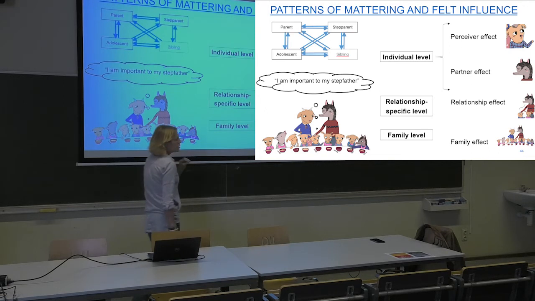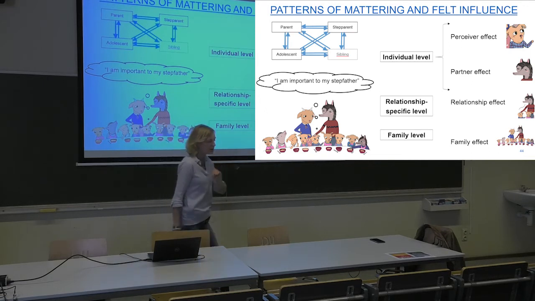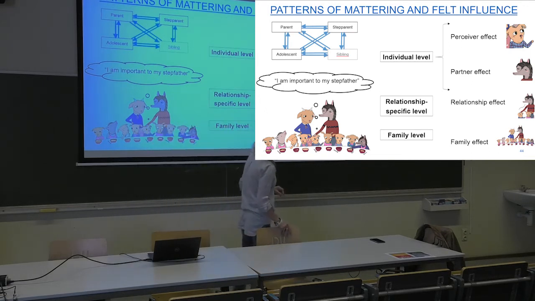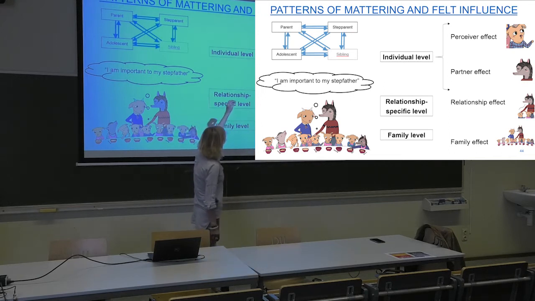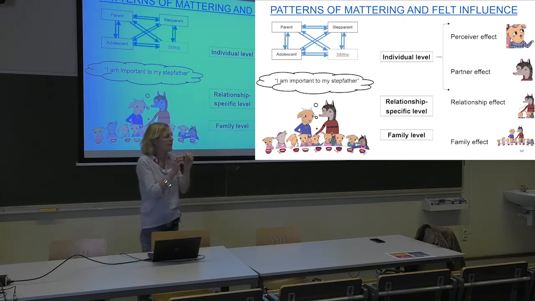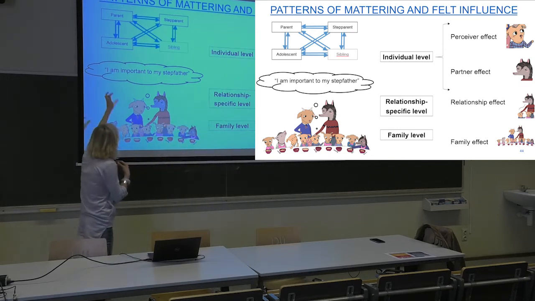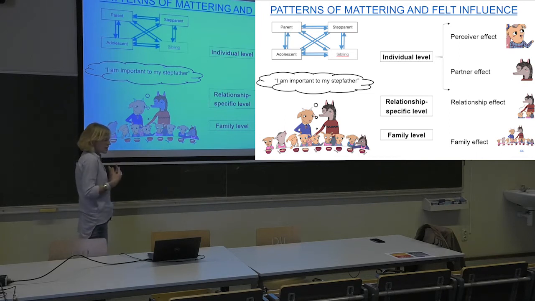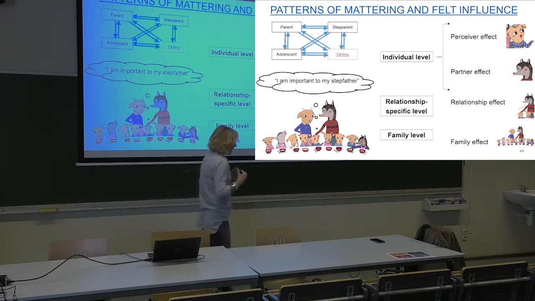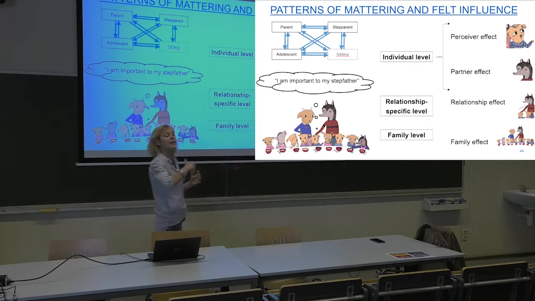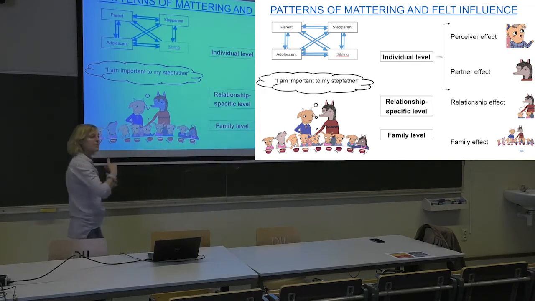Something that we also see in the attachment study that I will talk about in a moment is it's mainly a perceiver effect and a relationship effect. So these are the two main things. A perceiver effect is a consistency within a person. There is a variance. The families differ in the way that individuals have the feeling that they can influence or that they matter.